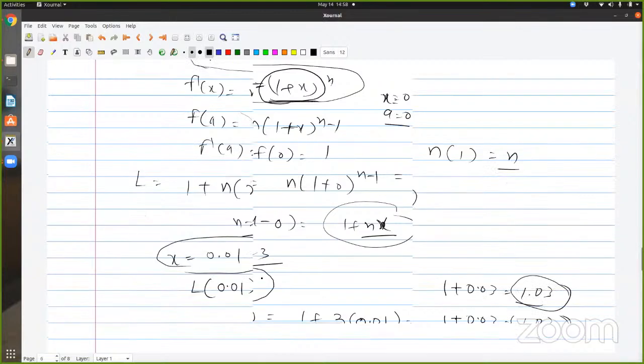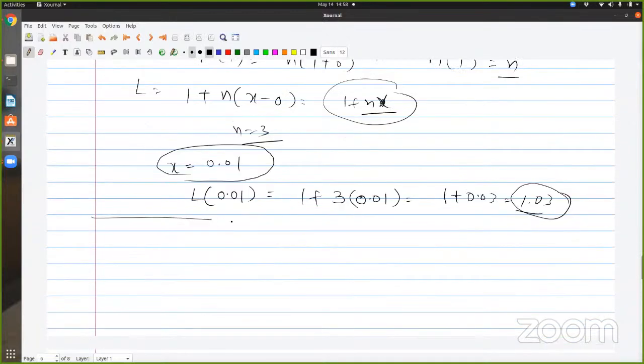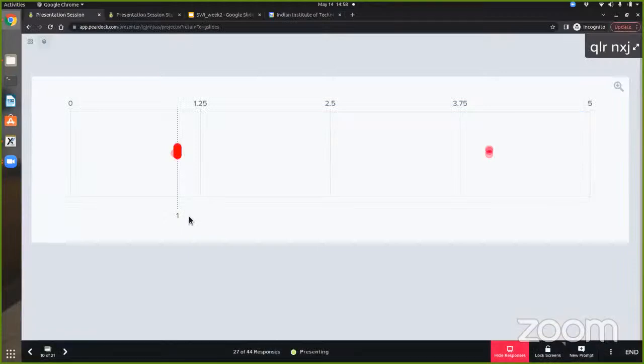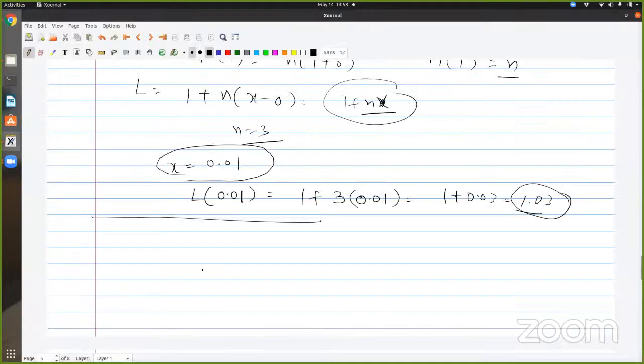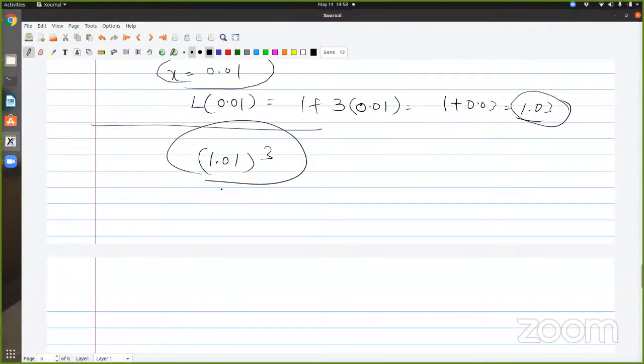Okay, one more thing I should highlight here. Let's say the question is simply this: compute the value of 1.01 cube. Let's say you forget about the previous question. You have to compute this value. How do you go about it? One way would be to take f of x is equal to x cube and take a to be equal to 1.